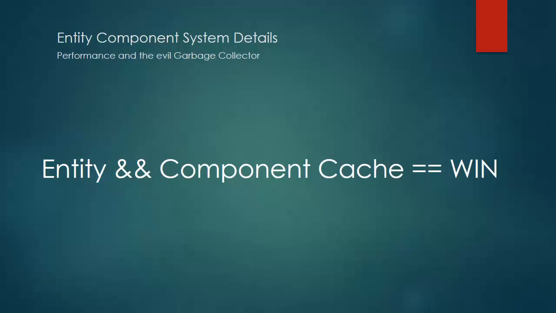So if we're generating 100 one frame, letting them all go the next frame, and then 2, 3, 4 frames later doing another 100, instead of having created 200 objects that we just lost, and the garbage collector has to deal with in a matter of 5 frames, now we've only generated 100 objects, and we still have the objects. The garbage collector isn't going to do anything about it. It's not going to care. So as I say here, entities and component cache equals win.